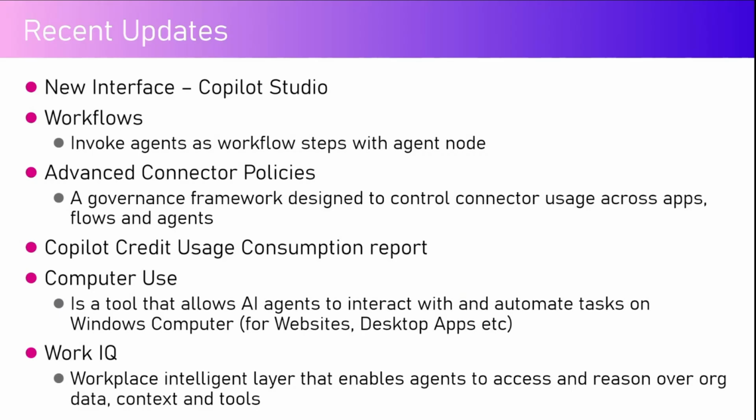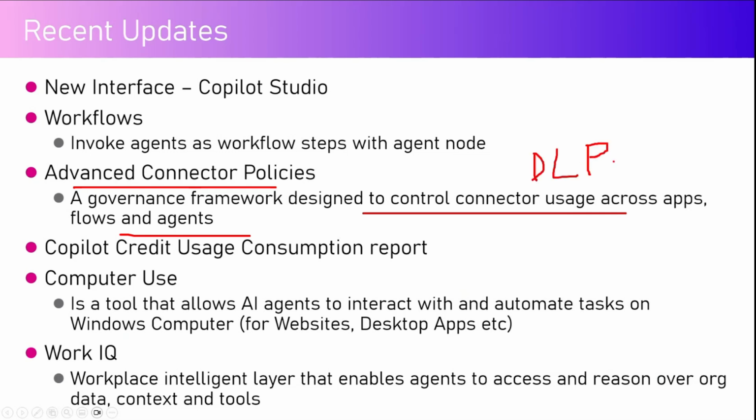There are a couple of other things, like advanced connector policies. Basically, it's a governance framework designed to control connector usage across apps, flows, and agents. Remember, in Power Platform, if you wanted to secure a connector, we used to make use of a DLP, a data loss prevention policy, which restricts the usage of connectors in your Power Platform based application.